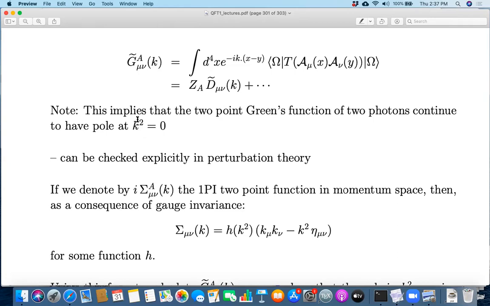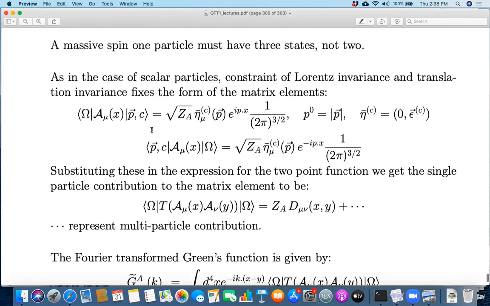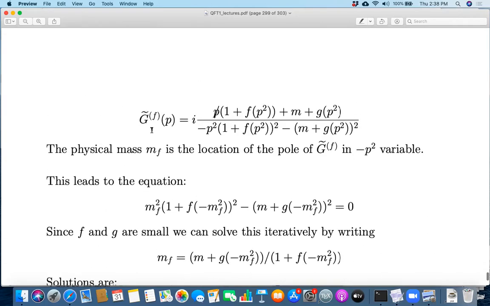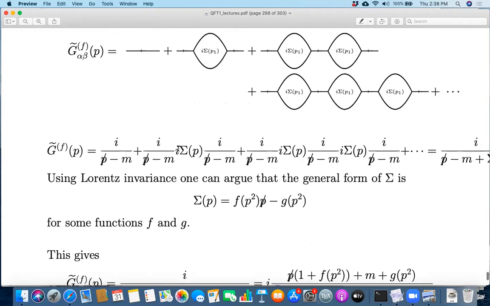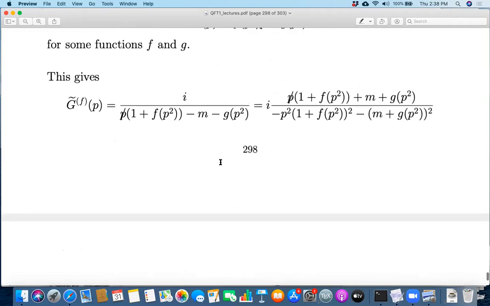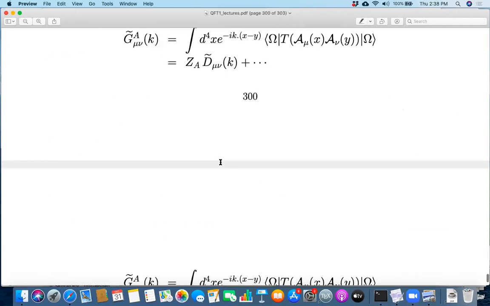I said Lorentz invariance guarantees this. But on the other hand, we can explicitly calculate this, right? After all, you know how to calculate the two-point function in perturbation theory. And we can carry out an analysis similar to what we had earlier. Just like there we resummed to calculate the shift in the mass, you could do the same thing here.